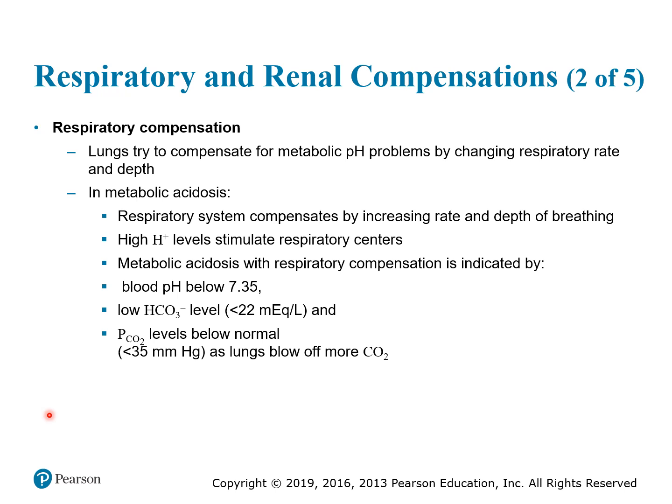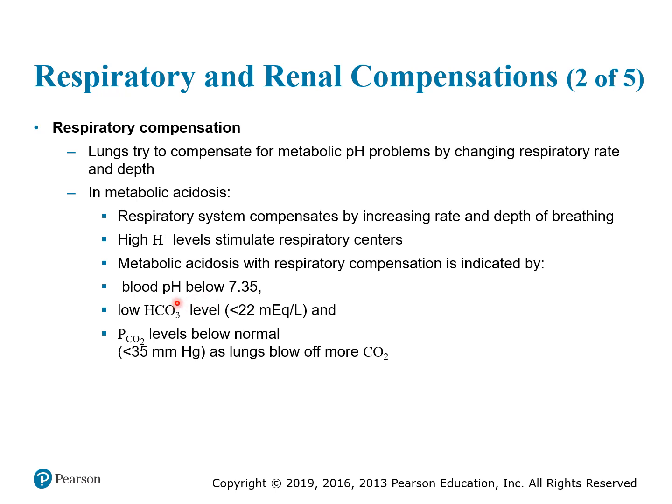Metabolic acidosis with respiratory compensation is indicated by a blood pH below 7.35. When we are trying to diagnose a case of acidosis or alkalosis, we have to ask some questions. The first question is, what is the pH?